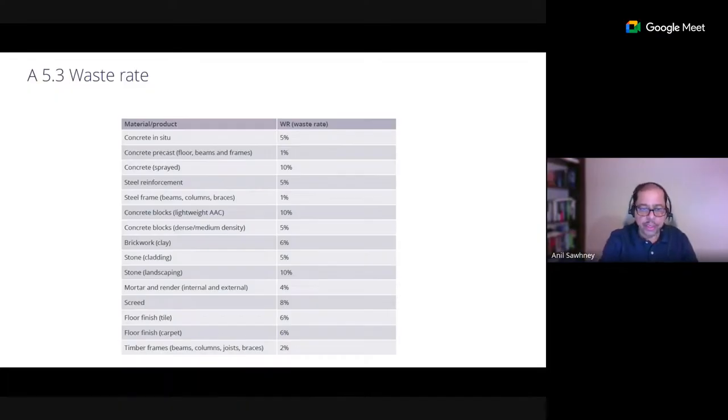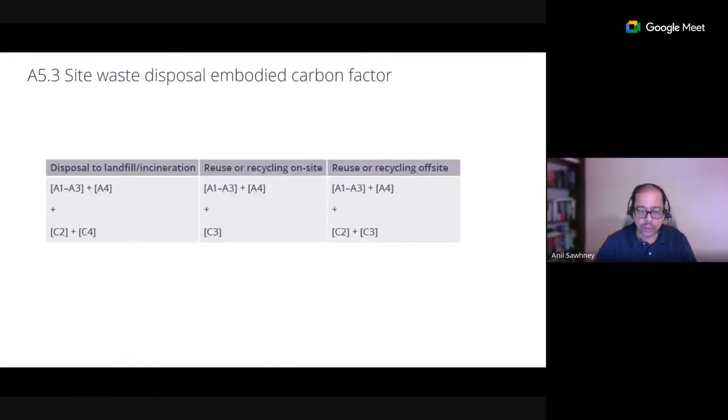And then once you have this information, you can do the EF, which is the site waste disposal carbon factor. If the waste that you have is going to go to disposal, let's say to a landfill, or is going to be burnt, then your waste factor is determined from A1, A2, A3, plus A4, and then the C module, which we have not yet discussed: C2 for transport, C4 for disposal into landfill.